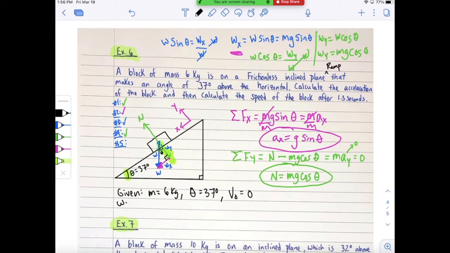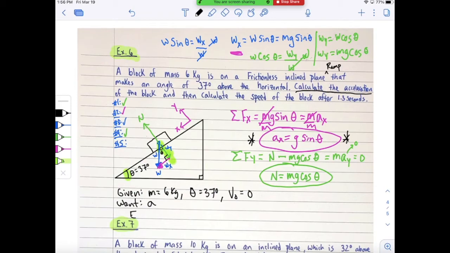All right, so what are we looking for? What do we want? It says calculate the speed of the block after 1.3 seconds, but before that it says calculate the acceleration. So we want a. Well, if you go back to all of our old equations, we don't have an equation for the acceleration of a block on an incline like this. So we have to go back up to equation number 4 and look, there's an equation right there.